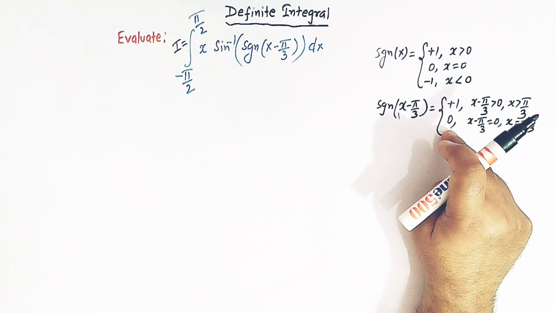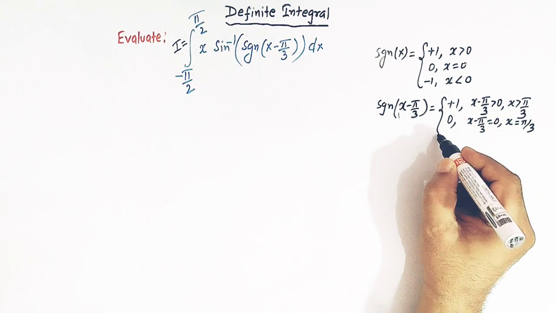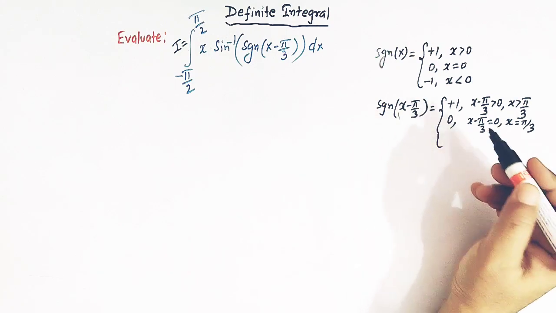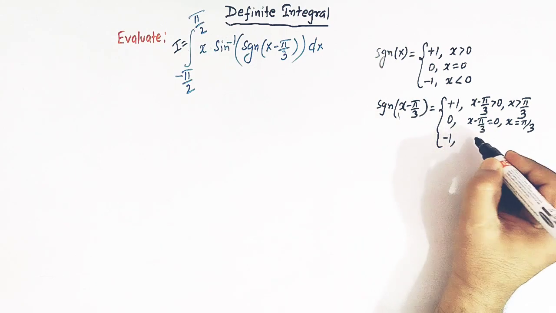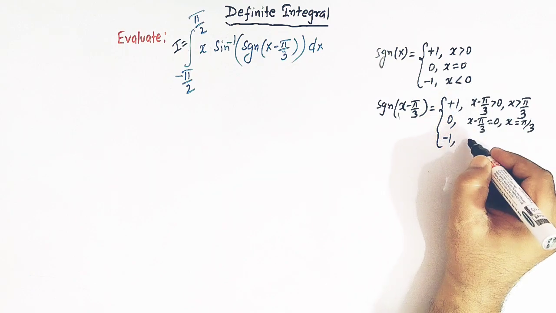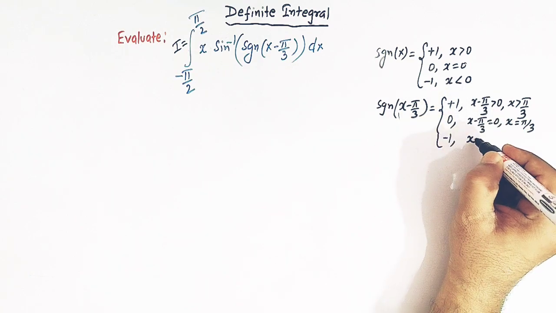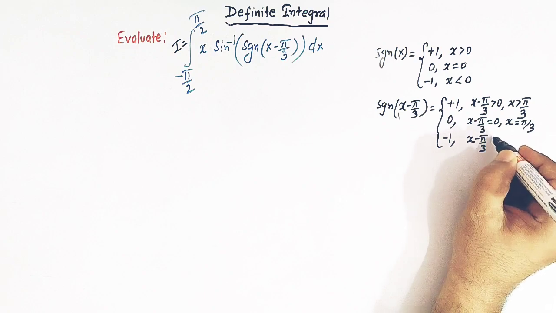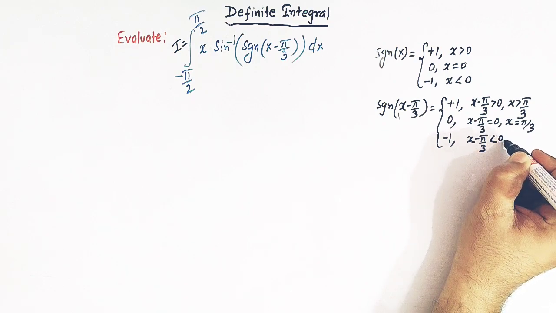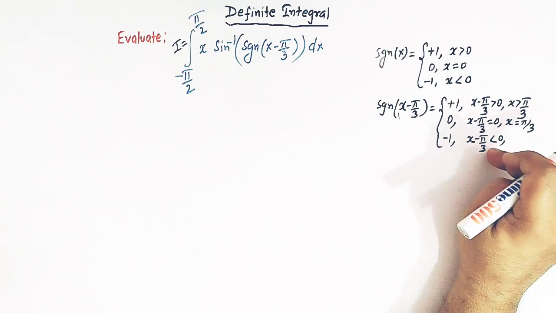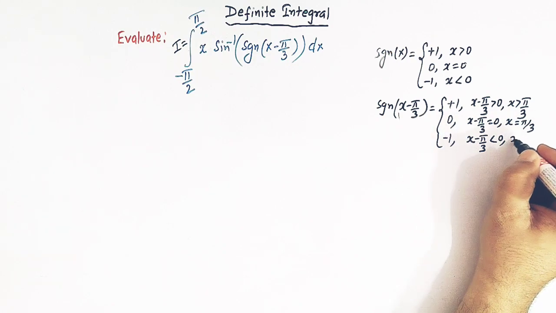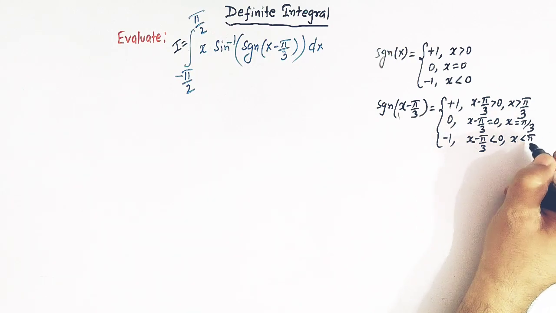And signum of (x minus pi by 3) is minus 1 when x minus pi by 3 is less than 0. If we solve this inequality, we get x less than pi by 3.